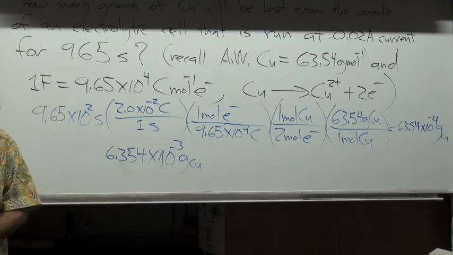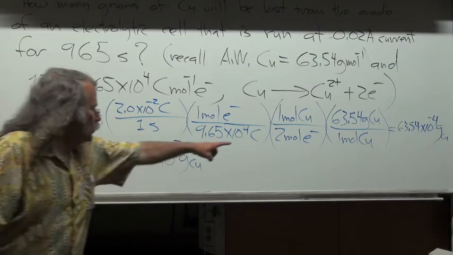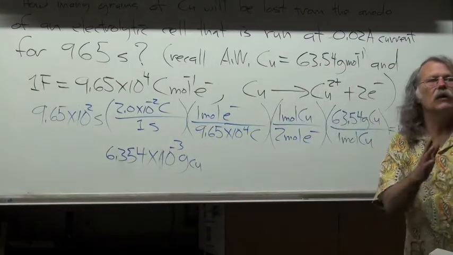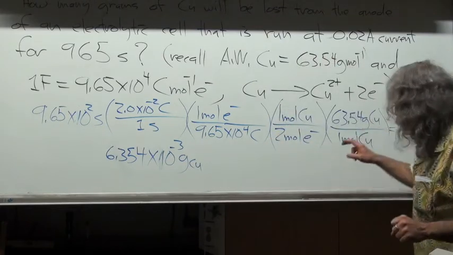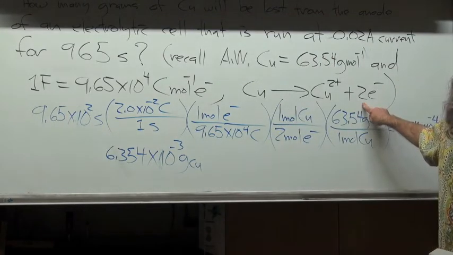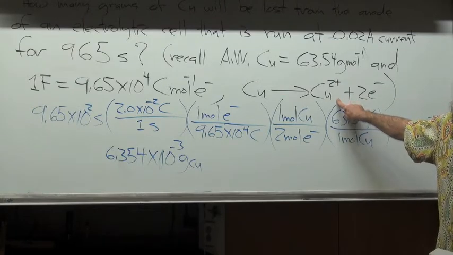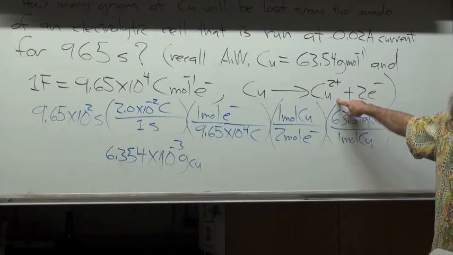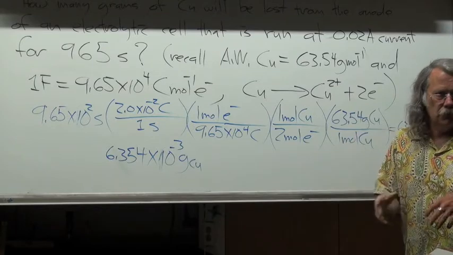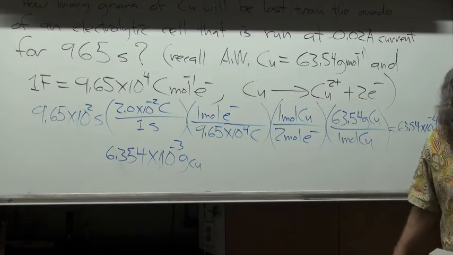Where did the 2 moles come from? 2 moles of electrons. That's a very good question. He asked where the 2 moles of electrons came from. It's going from copper to copper 2 plus. In such an electrolytic cell, copper plus 1 turns out to be unstable to disproportionation, so it would be copper plus 2.